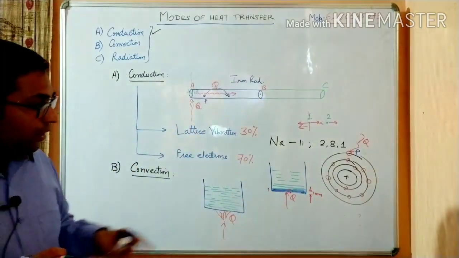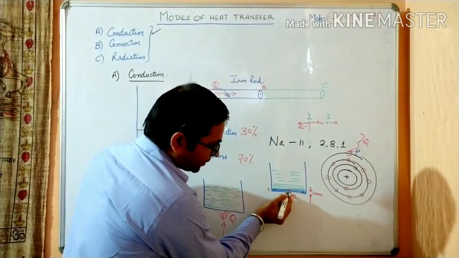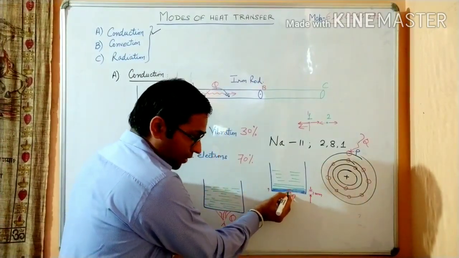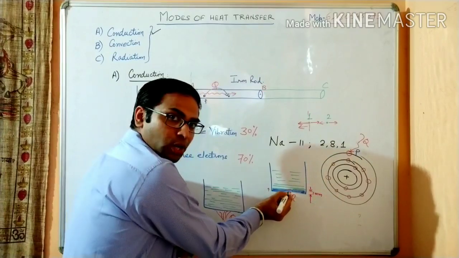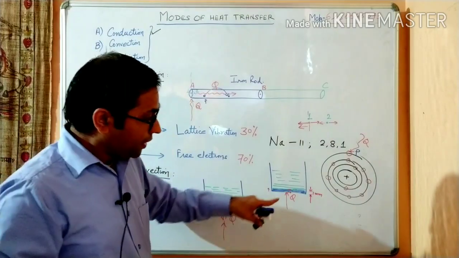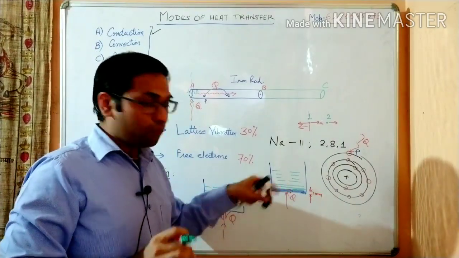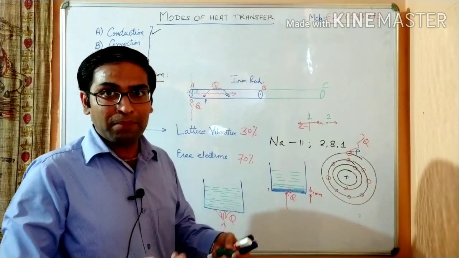So when heat reaches from the external or outer surface of the solid material of the utensil to the internal surface through conduction, now it has to penetrate within the liquid. Now how does it happen, let us see.